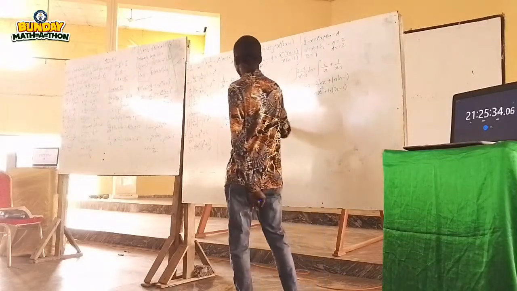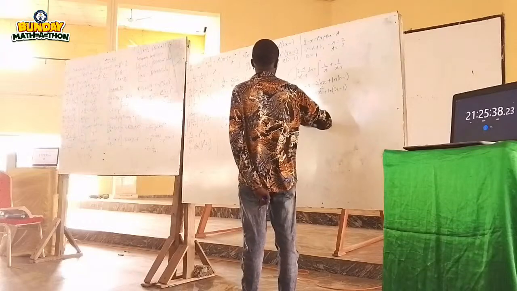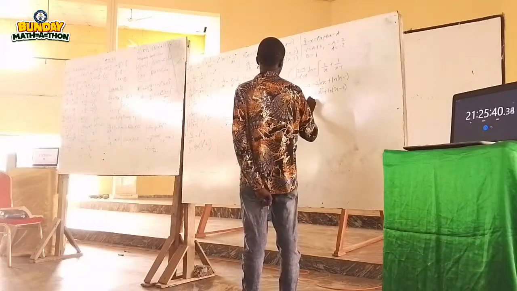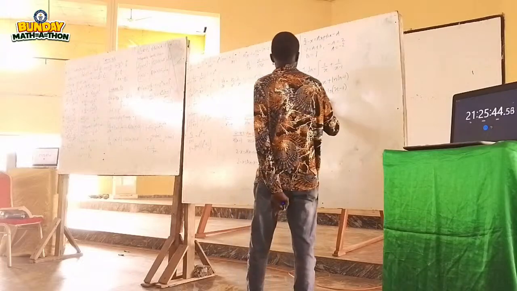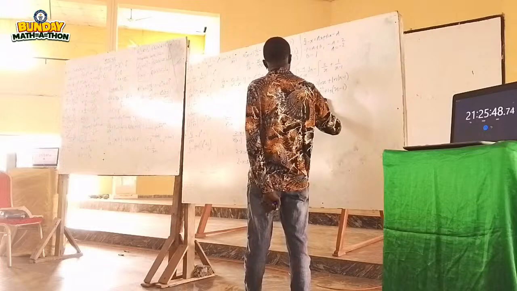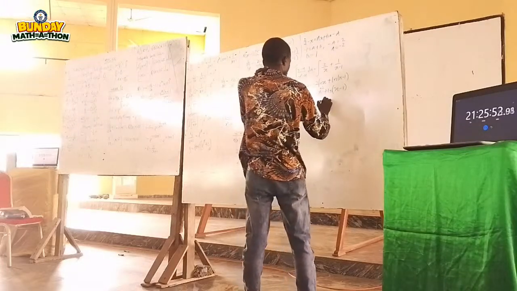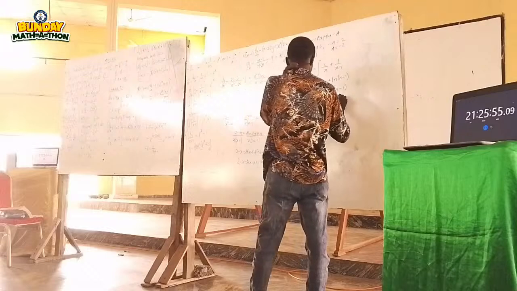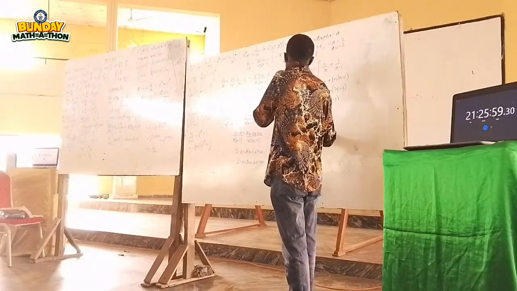So definitely, my integrating factor will now be e to the power of everything I've done here, and the answer was ln of x minus 2 plus ln of x minus 1. Then from here, what do I have?